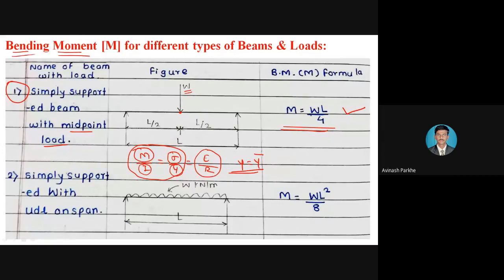If the simply supported beam with point load is given, then for case number 1, capital M is equal to W into L divided by 4.